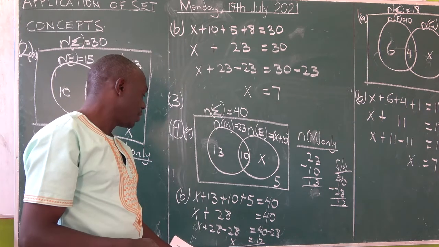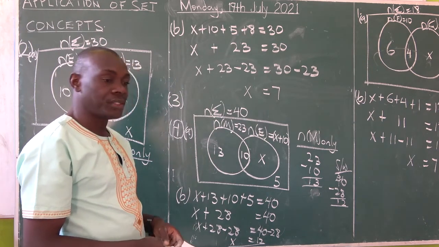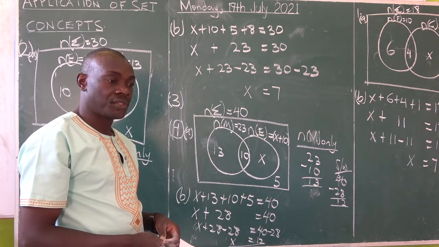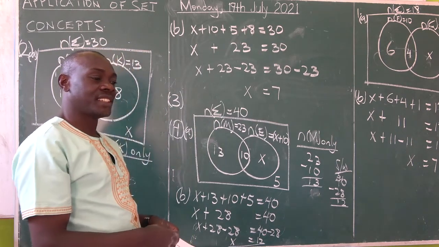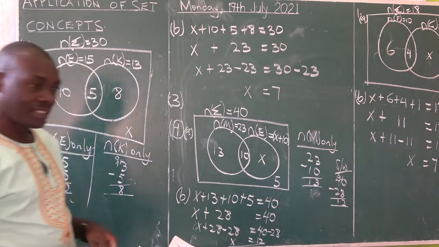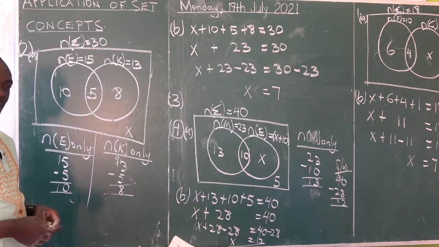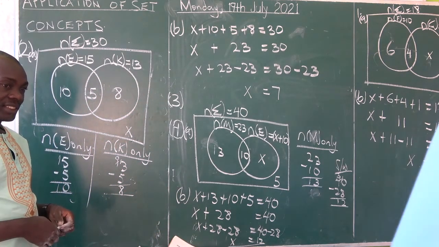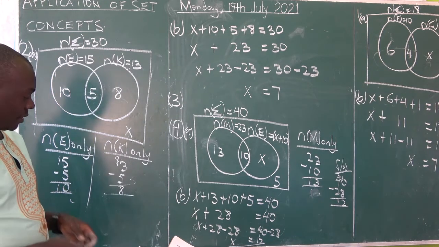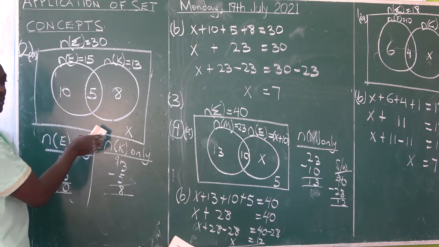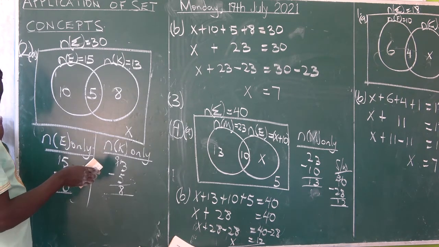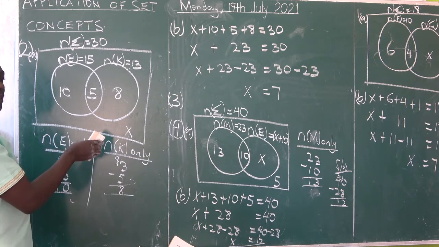So we shall then go to number 5 for this activity. Can you read it? Read number 5 displayed there.